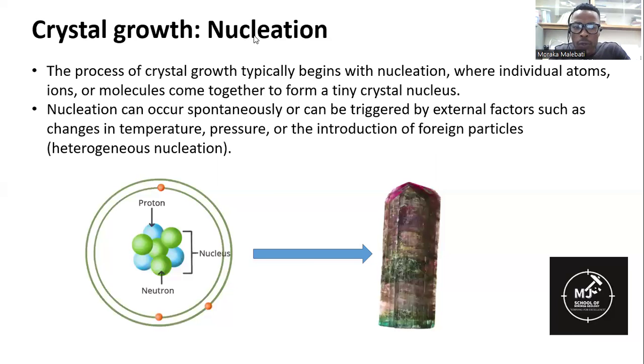We know the nucleus comprises protons and neutrons, and on the periphery of the atom we find the electrons. The atom is the building block of matter, and matter is anything that occupies space and has mass. So we care much about what's in the nucleus of that atom: the protons and the neutrons.